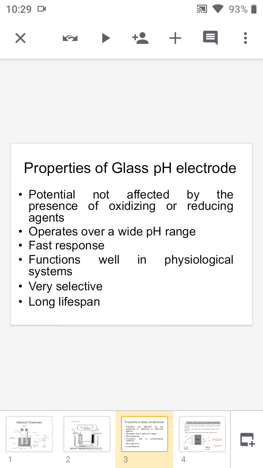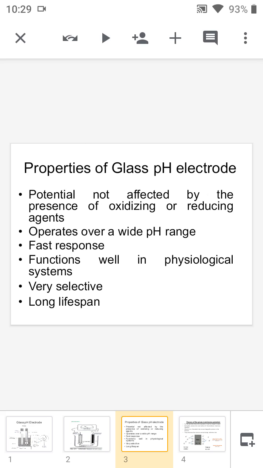And what are the properties of the glass pH electrode? First, the potential is not affected by the presence of an oxidizing or reducing agent. We can use it in any medium, even a redox system, and it operates over a wide pH range.